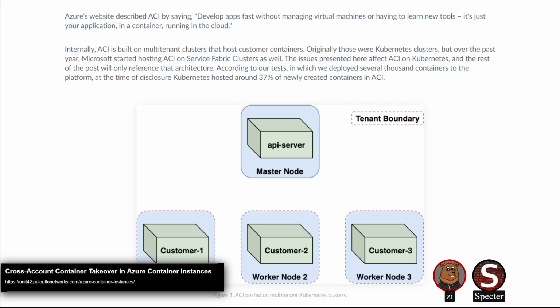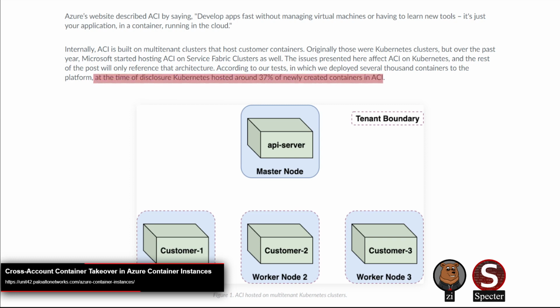Part of the fix on this one ultimately was just moving away from Kubernetes in general. I think they said now it's like 10%. So I just wanted to call out that aspect. We're not talking about all containers everywhere being vulnerable here, just Azure Container Instances. It's a good thing to keep in mind when we're covering the issue.